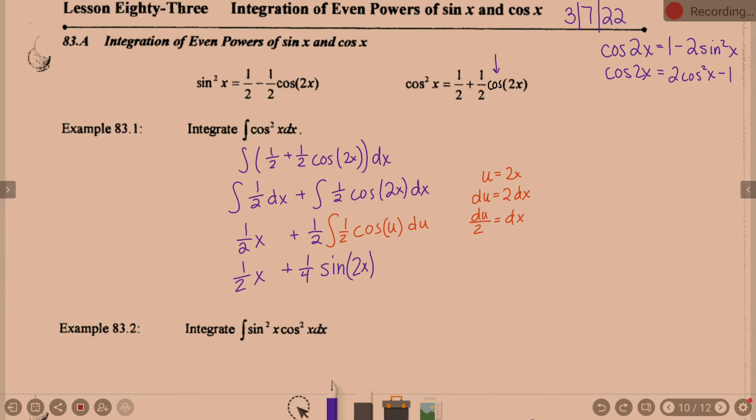And then, of course, because we are integrating, we need to say plus c. If you didn't like my u substitution, sorry, I won't necessarily use it next time. If you liked it, hopefully it helped you see it a little bit better.